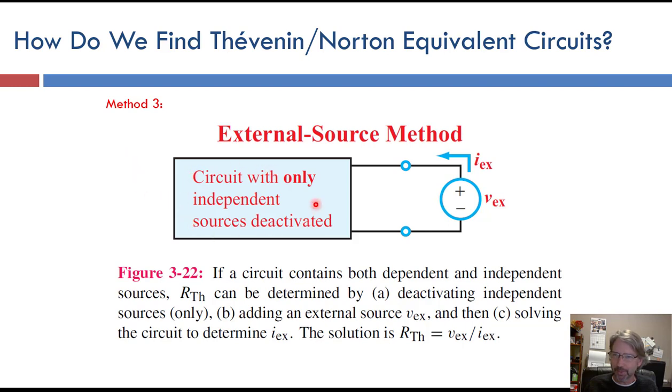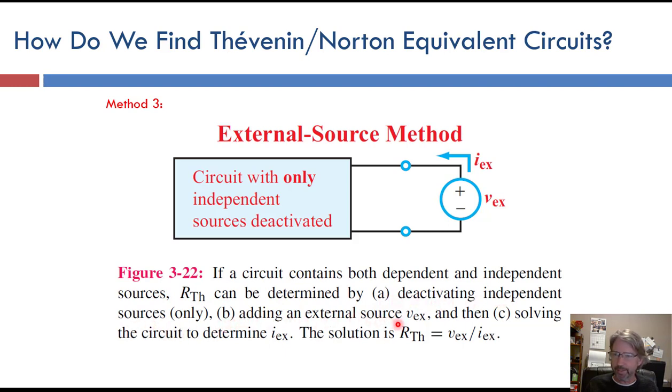Here's our original complicated circuit, and we deactivate the independent sources by zeroing them, and then we add a voltage source here. So if the circuit contains both dependent and independent sources, you can find the Thevenin resistance by zeroing the independent sources.